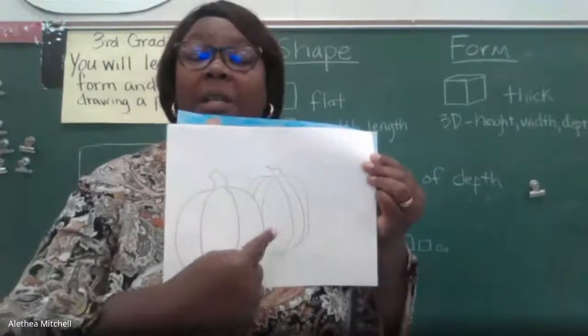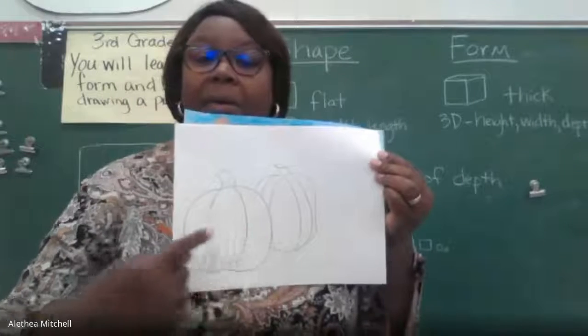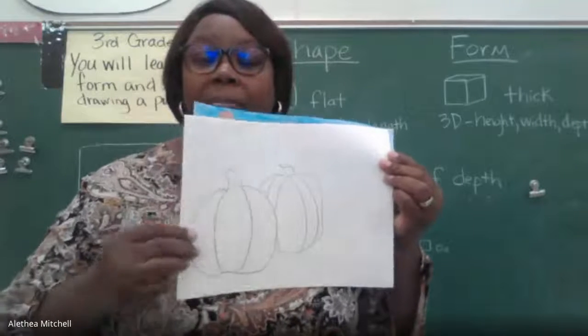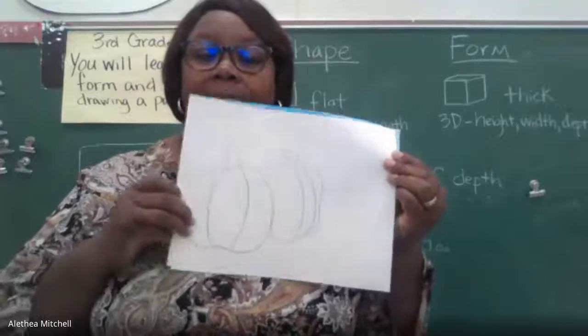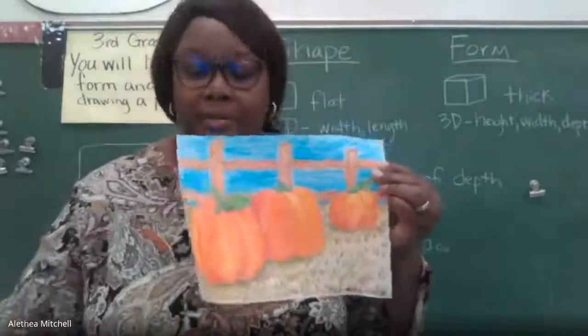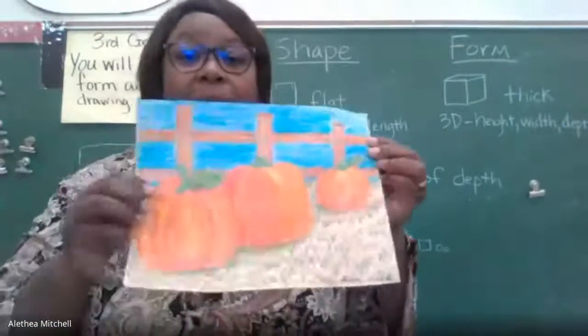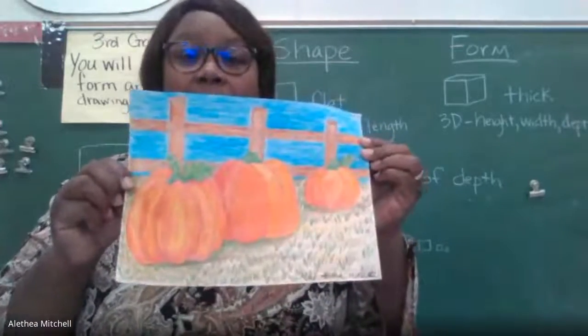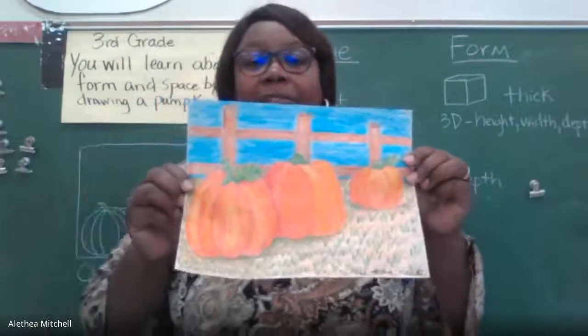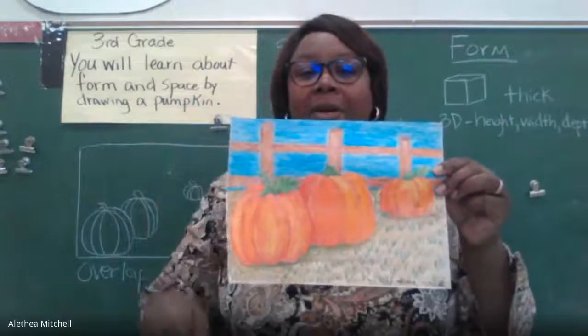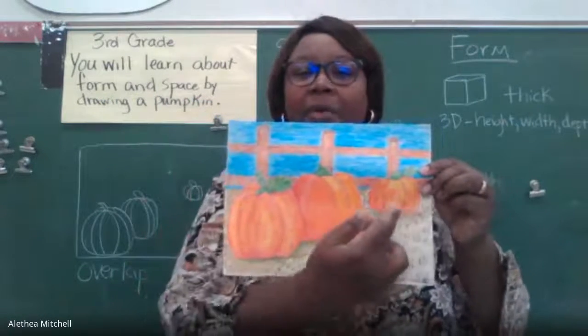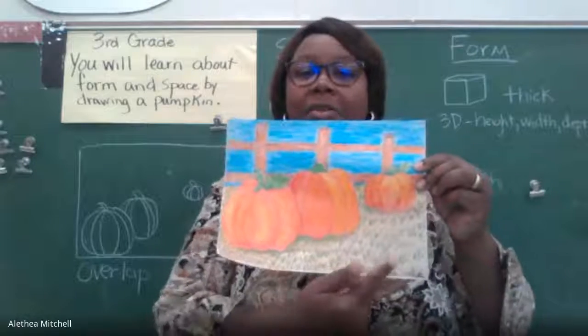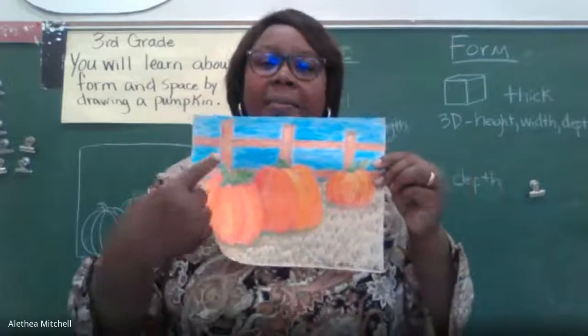The next one should be a little smaller, not extremely small. So they overlap a little bit. Then next, you are going to have a finished product, something like this, but I want to show you the finished piece. You're going to have a smaller one at the end of it, and you're going to color in your background.